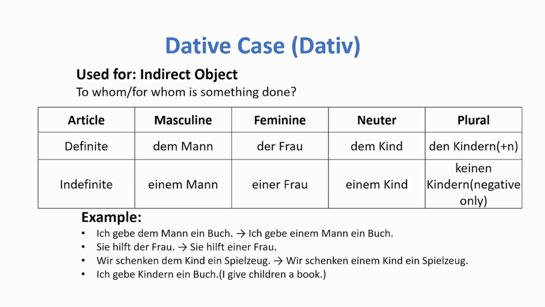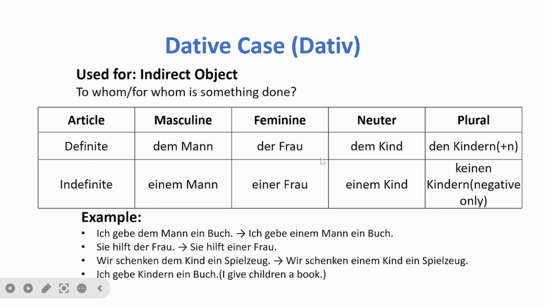So let's see the articles for each case. Definite: dem, der, dem, den, and at the end of the noun we put n. Like for Kinder we use Kindern.